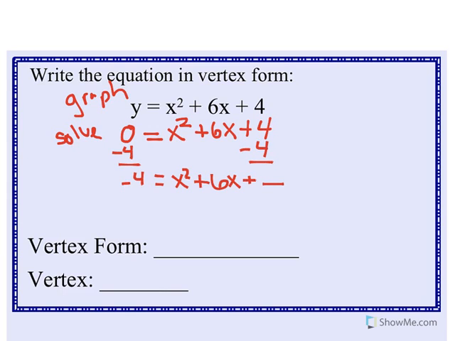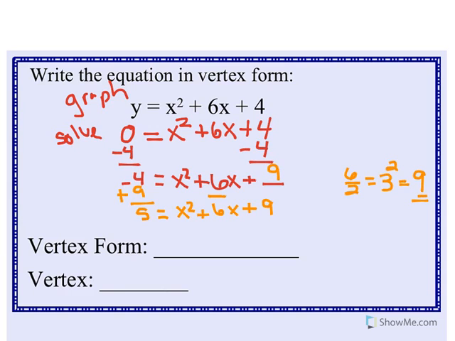Now remember, we fill in that empty space by taking half of the b number, which would be 3, squaring that number, which would be 9. So 9 is the perfect square, the magic number, but make sure you add it to both sides. So now we have negative 4 plus 9 is 5, equals x squared plus 6x plus 9.